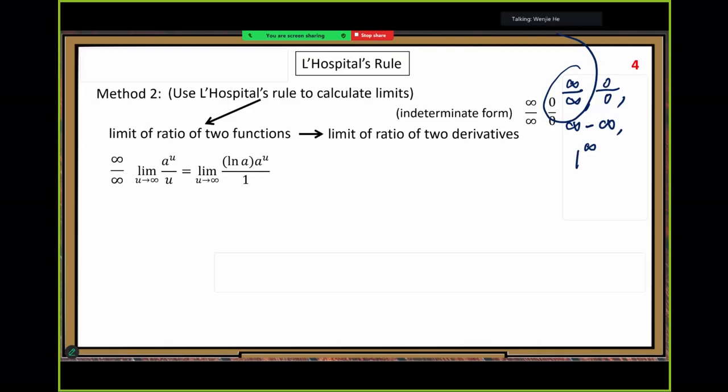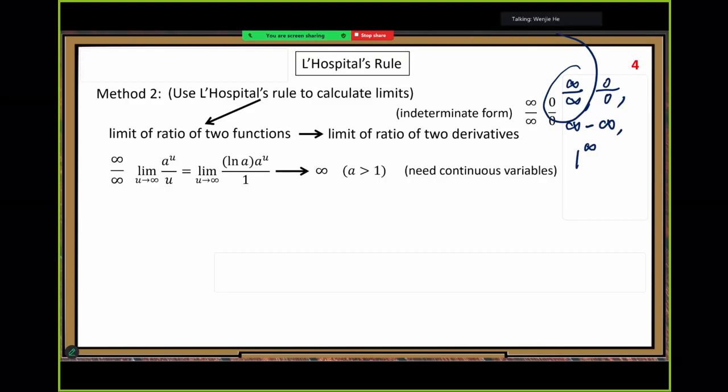After simplification, you can see when u goes to infinity, this whole fraction goes to infinity. So that's L'Hopital's rule. That's the first example where we apply L'Hopital's rule.